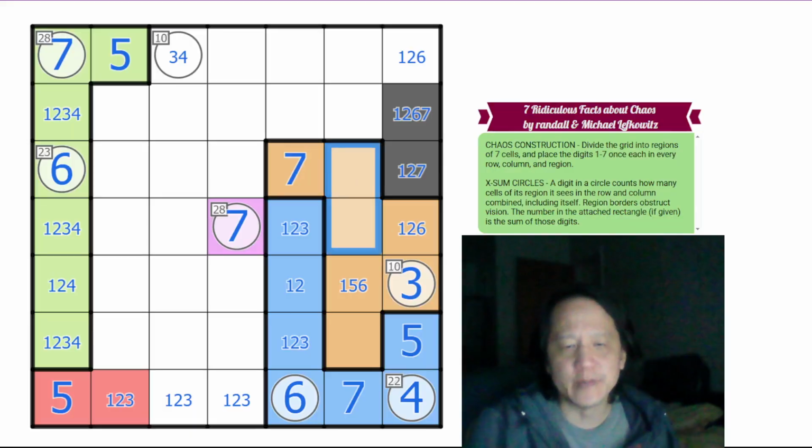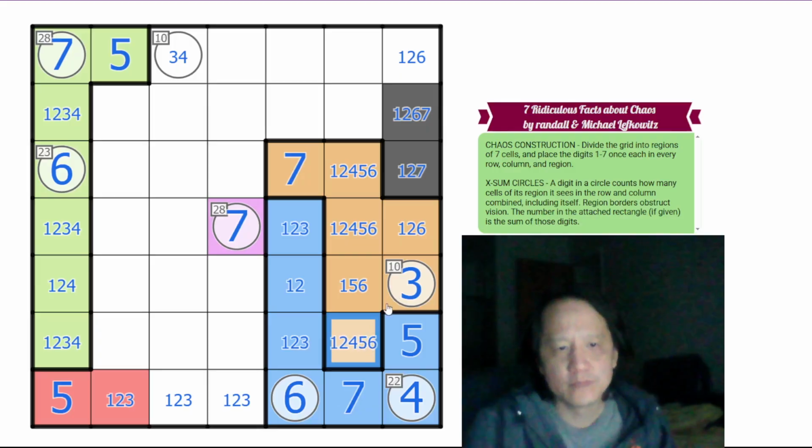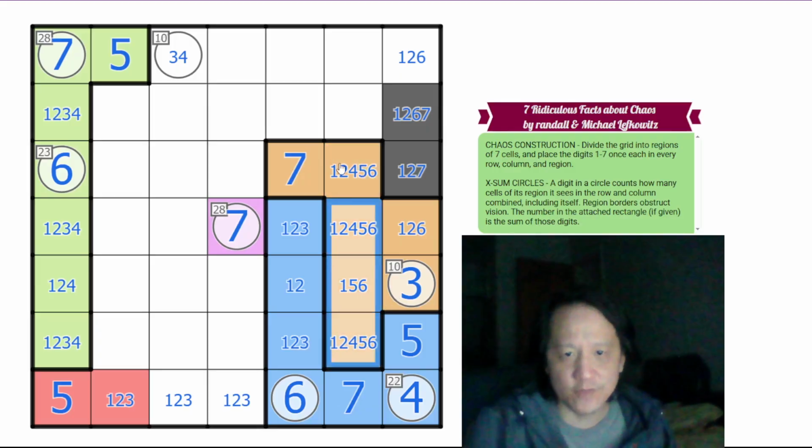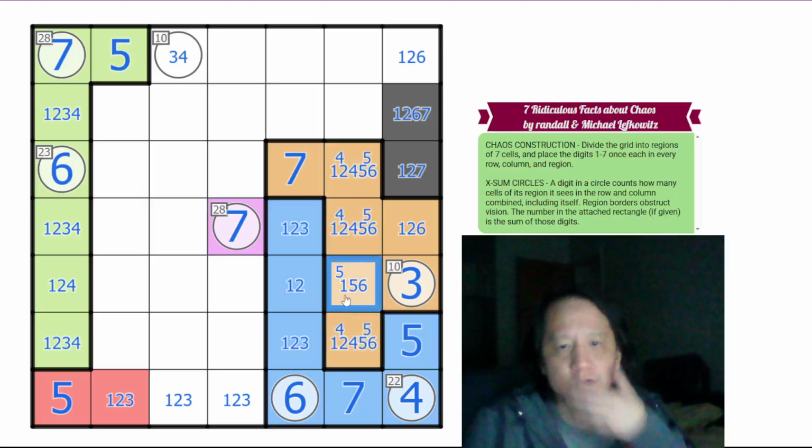That leaves the remaining digits in this region to be 1, 2, 4, 5, 6, right? So we're guaranteed a 4 and a 5 here. And then 4 is one of these.